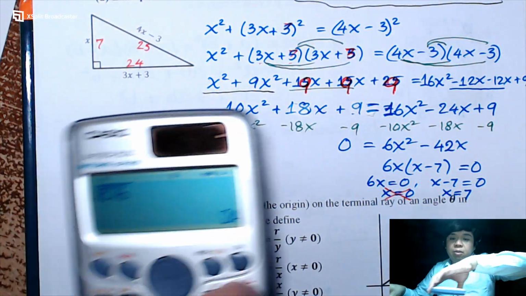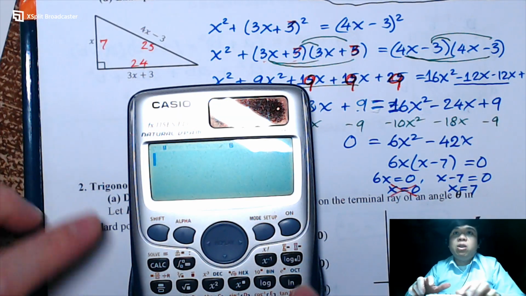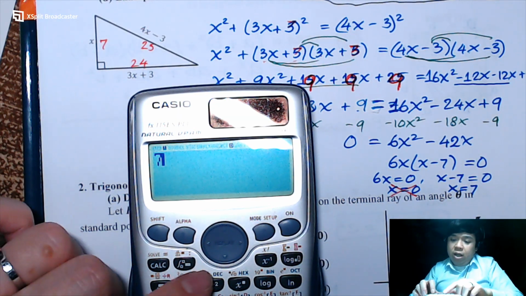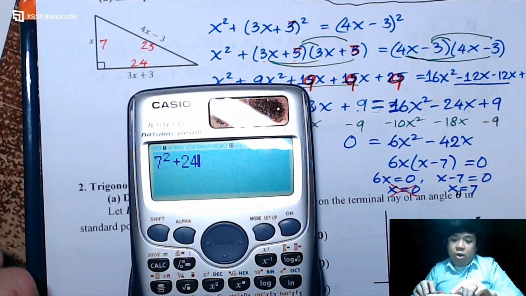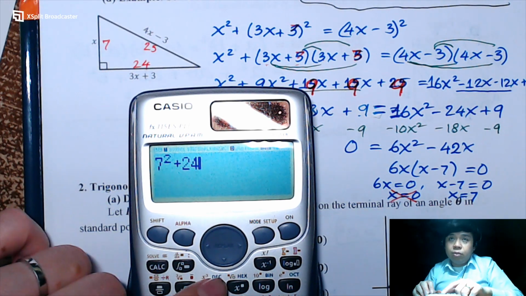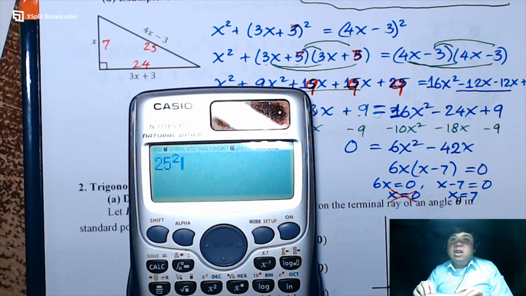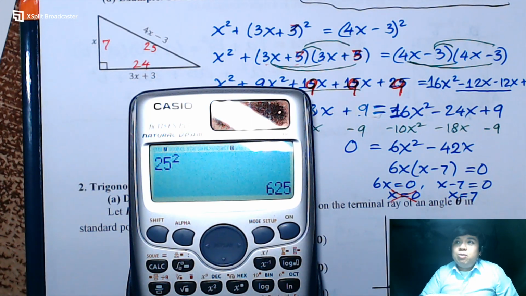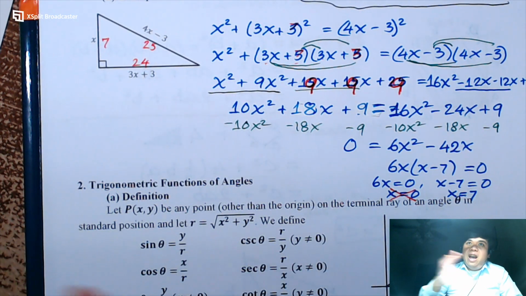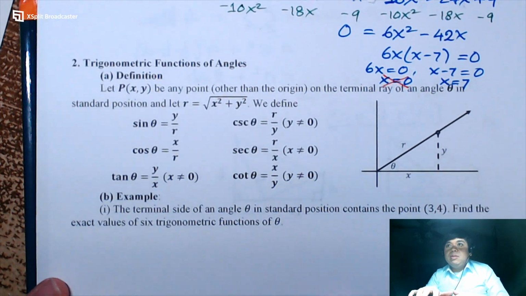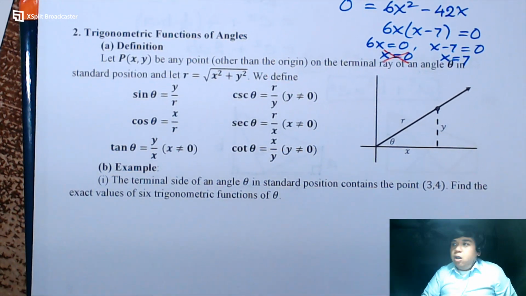So we have that triangle, 7 squared plus 24 squared is 625, and 25 squared is also 625. So yeah, x equals 7. Right, so we haven't done any trigonometry. Yes, just the ratio, triangle, Pythagorean theorem.